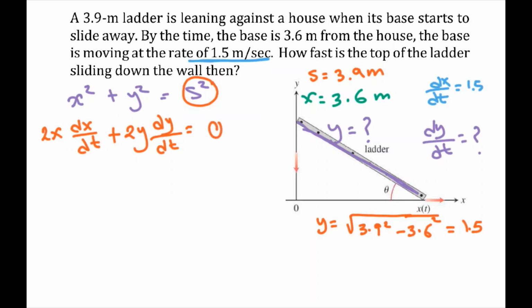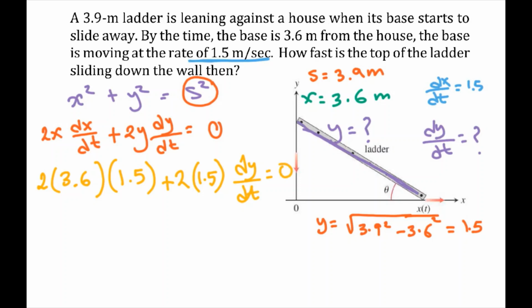Now we need to find dy over dt, right? But we can substitute. So 2x is basically 3.6, dx over dt 1.5, plus 2, y is 1.5, dy over dt equal to 0.